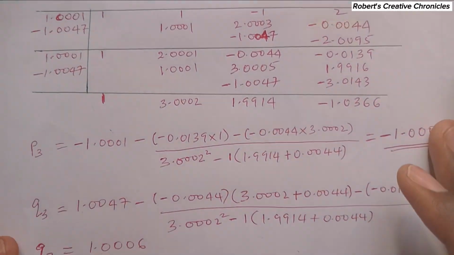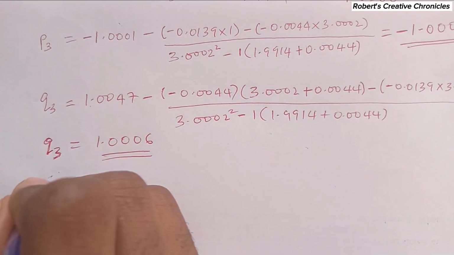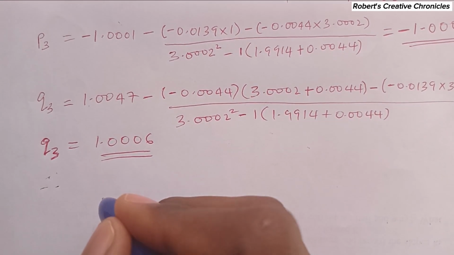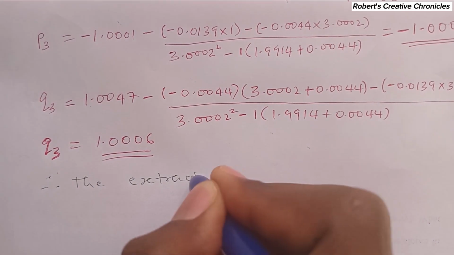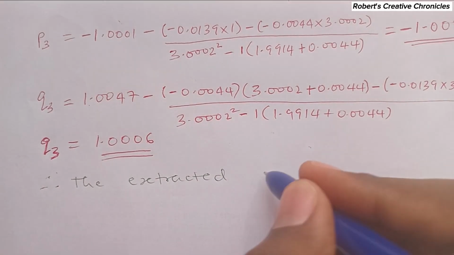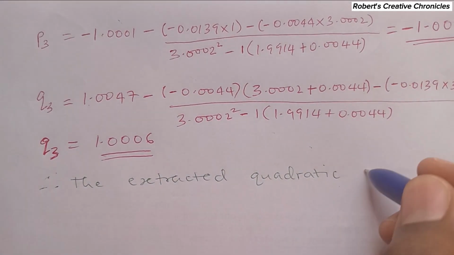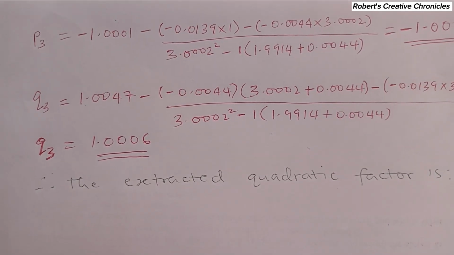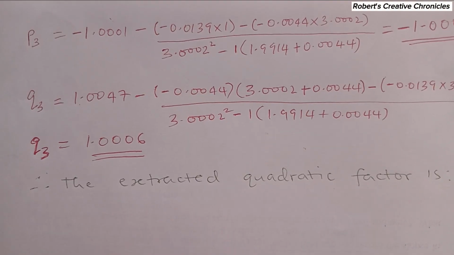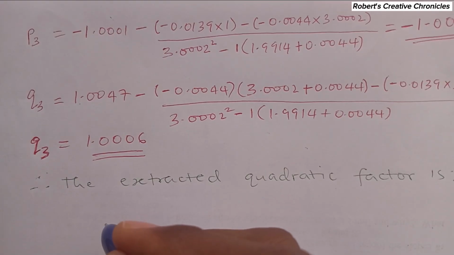So when we substitute it, we will say therefore the extracted quadratic factor is, so the equation says x squared plus px plus q.